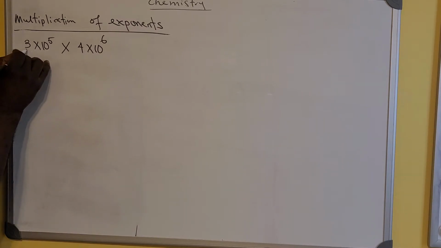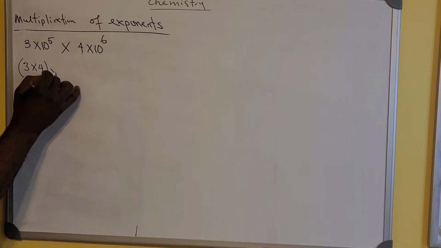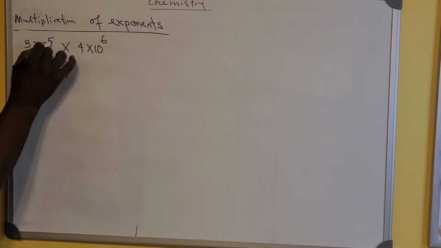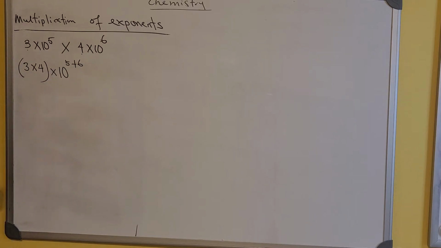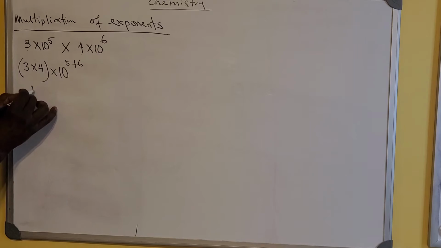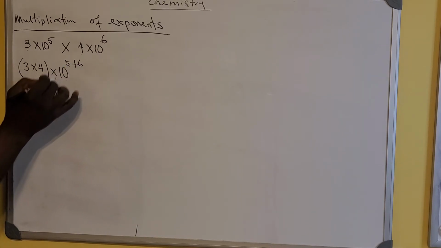You're going to multiply these, so you open a bracket and say 3 times 4, and then write times 10. You're going to add these together, 5 plus 6. So 3 times 4 is 12 times 10 raised to the power 5 plus 6, which is 11.